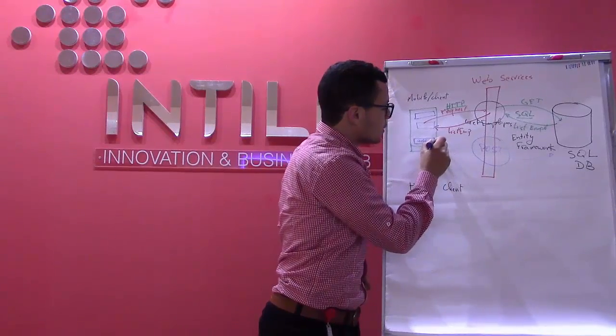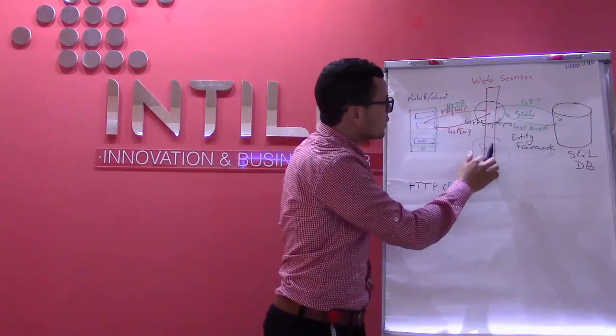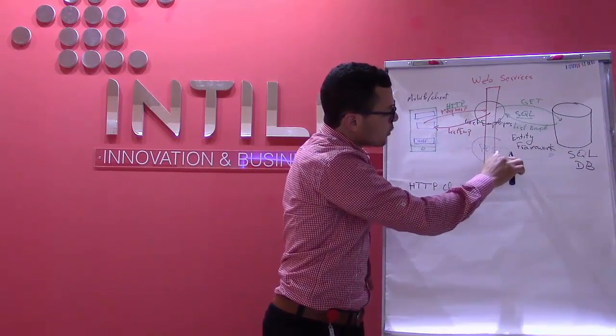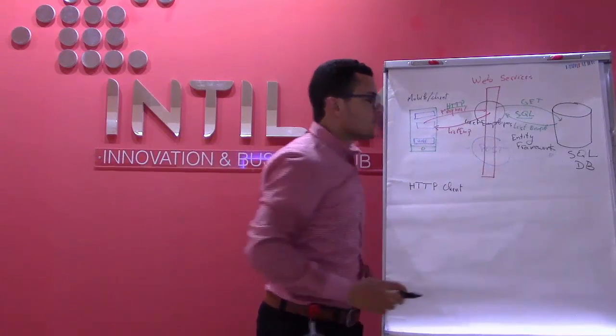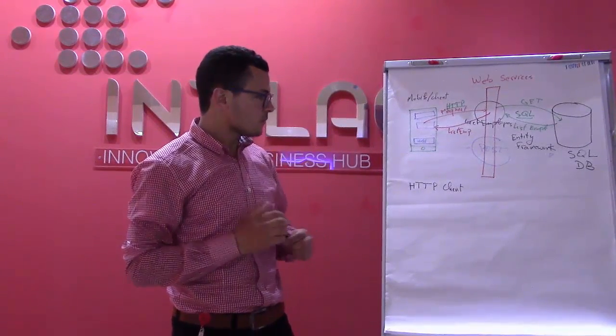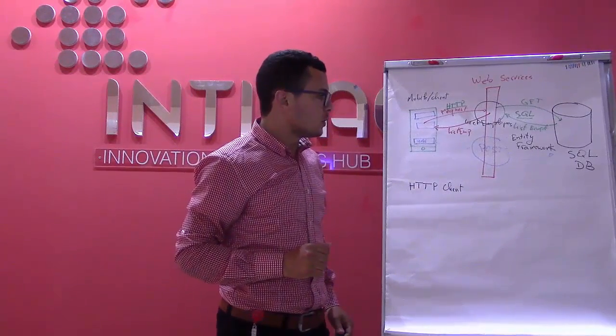So the request comes from here, also using the HTTP request, to the web services, and from the web services to the SQL database using Entity Framework. So we'll try to implement this feature for today's video.